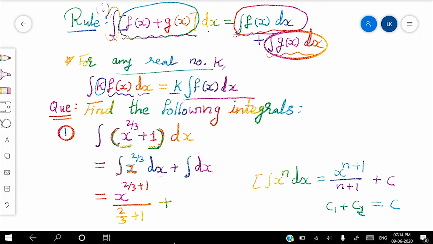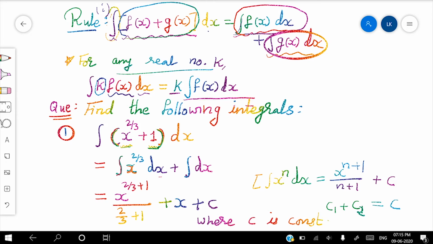Now what is the integral of dx? This is the second term. It is x. Now plus, we are writing simply one constant, c, where c is constant.